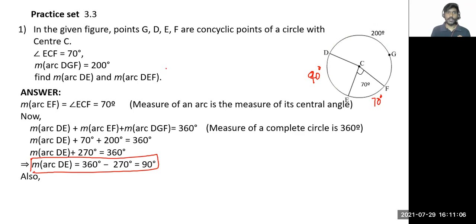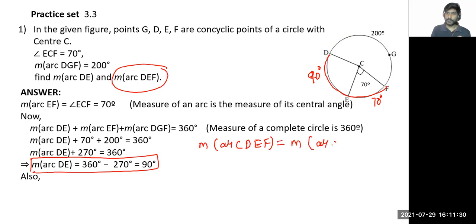Next, what you have to find out? We have to find out measure of arc DEF. So DEF is this, from here to here. Now, if you look carefully, measure arc DEF is nothing but measure arc DE plus measure arc EF. Did you understand this? Yes.